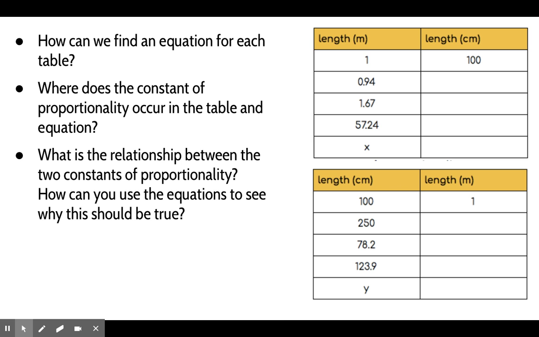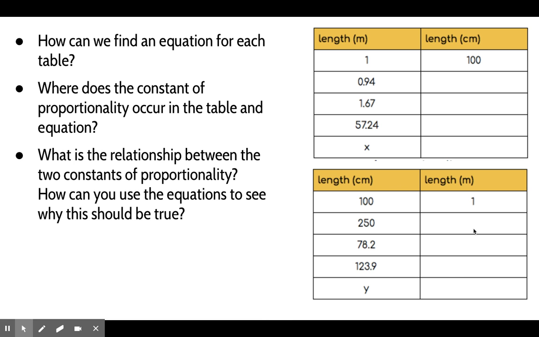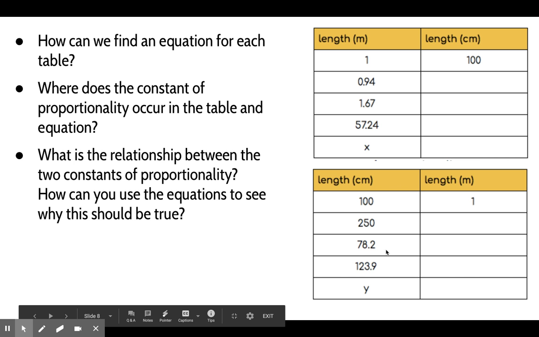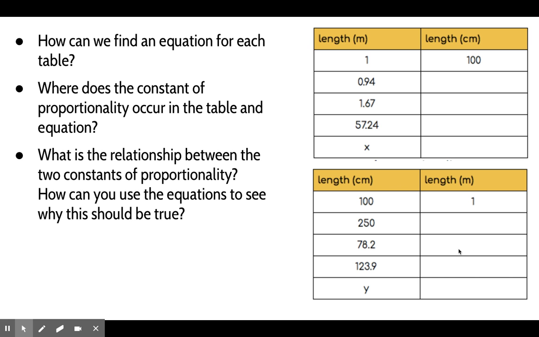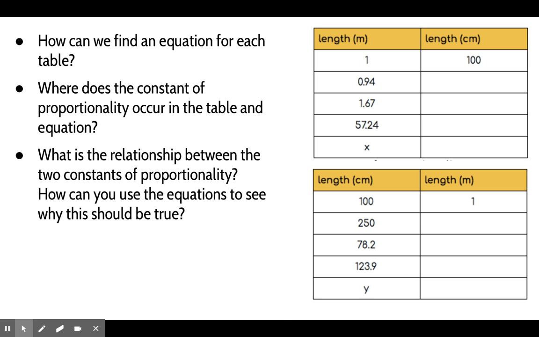Okay, so let's check our work. For 250, the length in meters would have been 2.5. For 78.2, the length in meters would have been 0.782. For 123.9, the length in meters would have been 1.239.